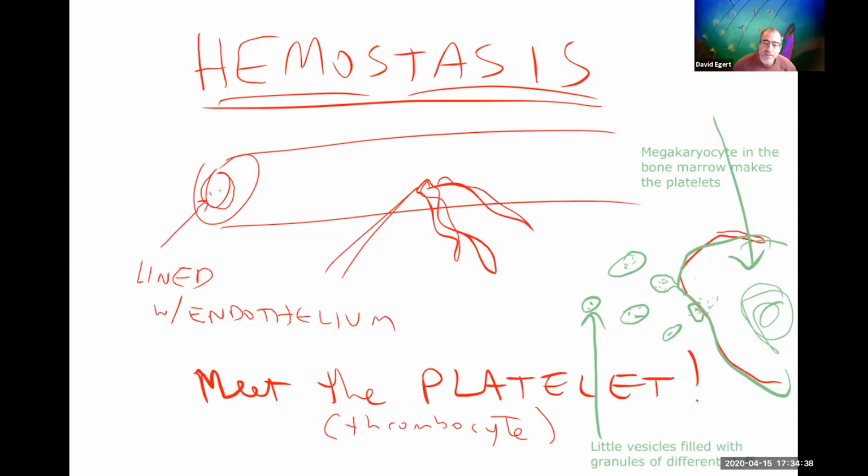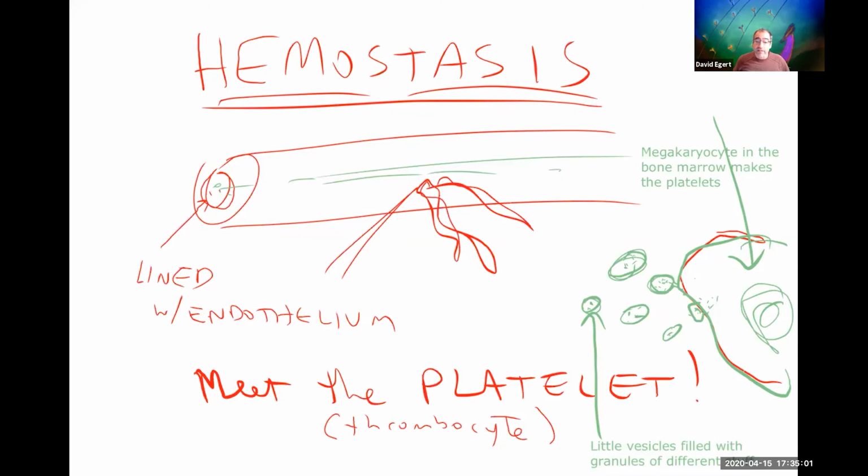We'll talk about some of the things that are in the granules. So basically in your bone marrow, these megakaryocytes are busy pinching off these little packets, which are then floating in your plasma. So these are just normally floating through your bloodstream. They're not really cells.